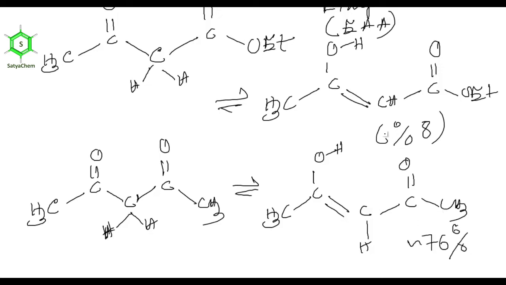So why is this happening? Here it is 8% and here it is 76%. We can conclude that introduction of an ester group on the alpha carbon decreases the enol content with respect to introduction of a carbonyl group. But why? The explanation is very unique, and this concept is also very important.